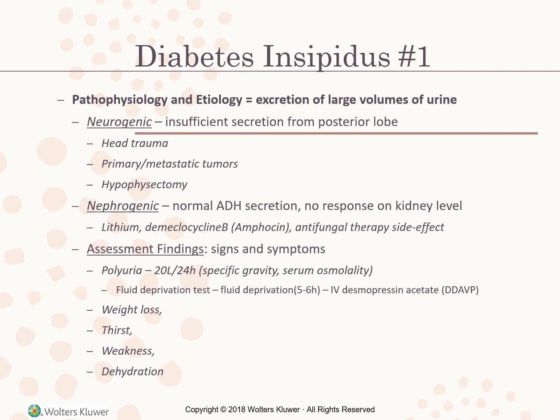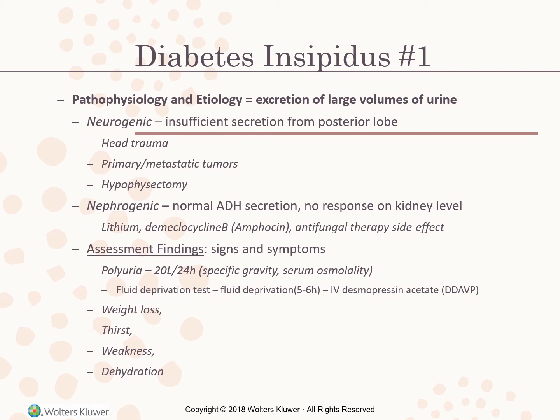So, neurogenic diabetes insipidus can result from head trauma that damages the pituitary gland or from primary or metastatic brain tumors. In some congenital instances, the symptoms can occur shortly after birth. It can also occur in a hypophysectomy, which is the surgical removal of the pituitary gland. On the other hand, nephrogenic diabetes insipidus is actually less common than neurogenic diabetes insipidus.